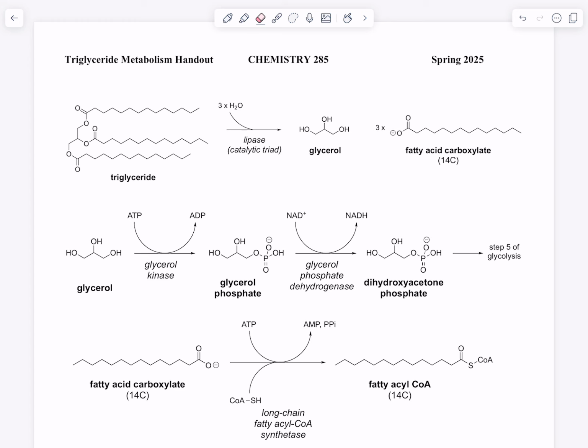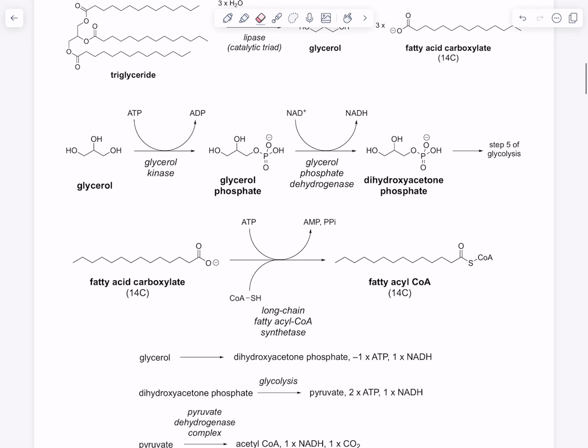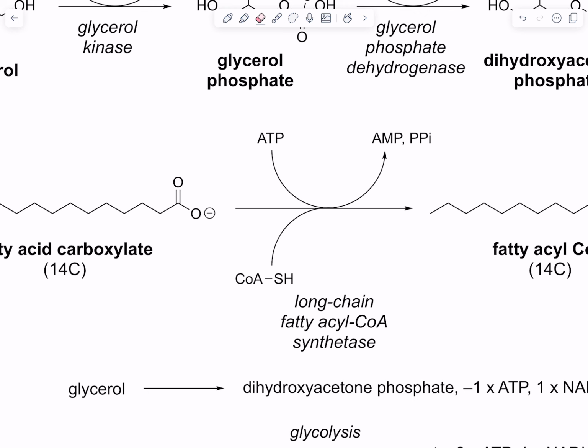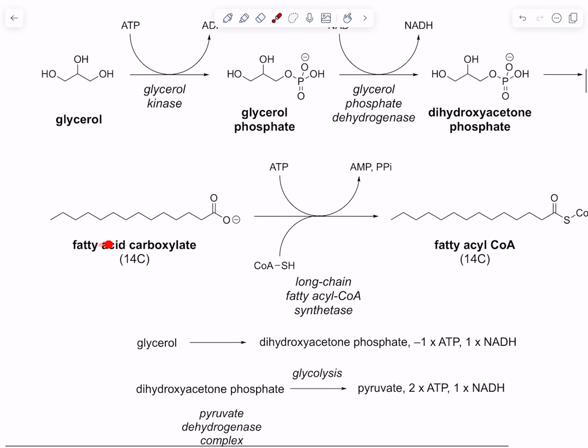Well, actually, some of the math is on your triglyceride metabolism handout. So you should have this in front of you. There's one mistake that was made. It's not huge, but you can fix it with a pen, or you can download the new one fresh. The only thing is here in the section on fatty acid carboxylate to fatty acyl-CoA, I forgot the enzyme name.